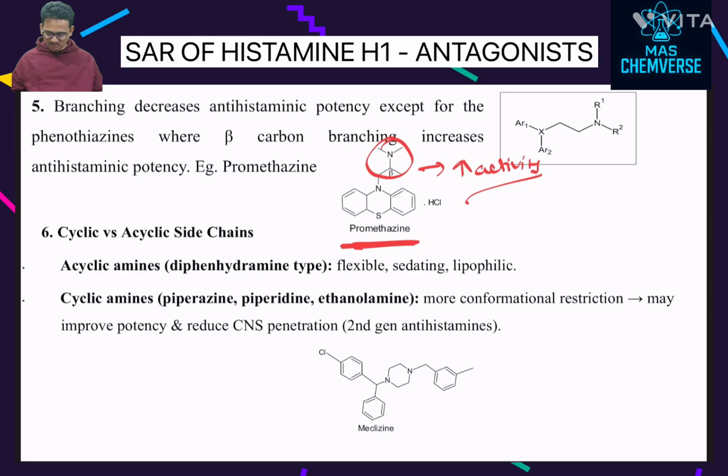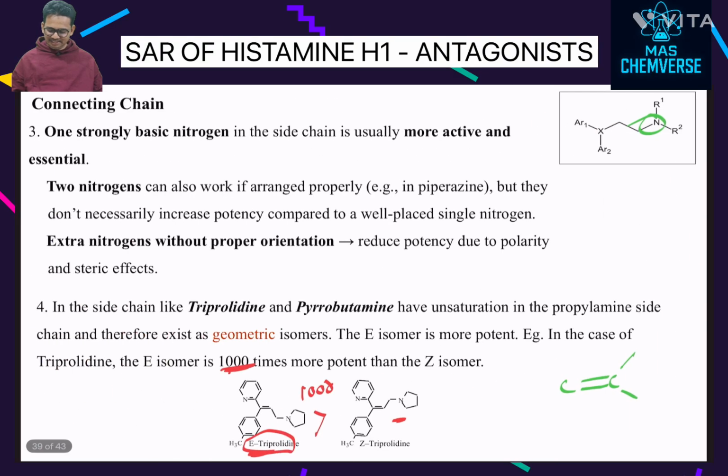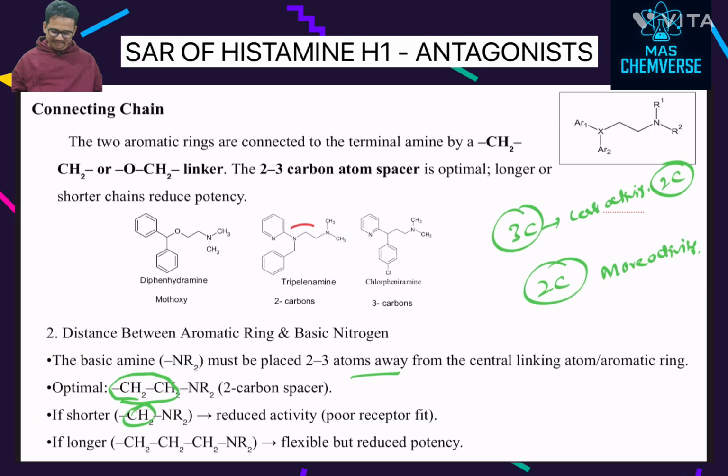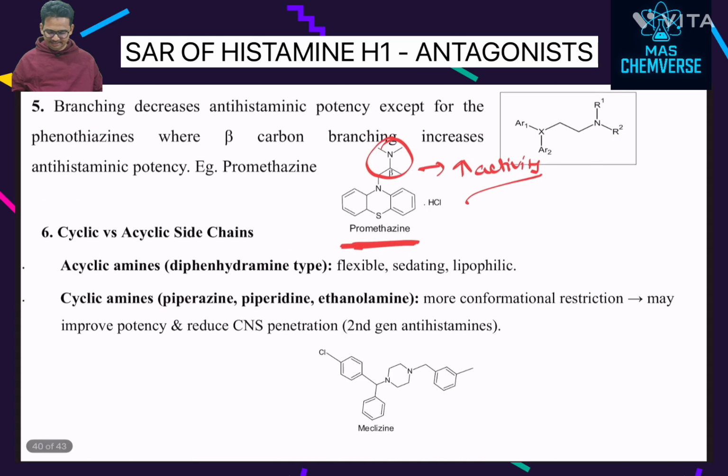But in other compounds, as we previously discussed, whenever branching increases to more than 3 carbons, the activity decreases. It is the same branching, but in phenothiazines like promethazine, branching increases activity, while in the other compounds, branching decreases antihistaminic activity.